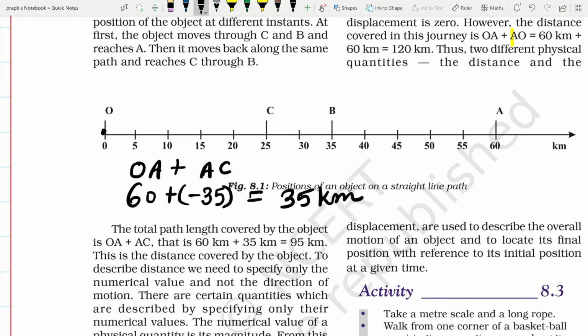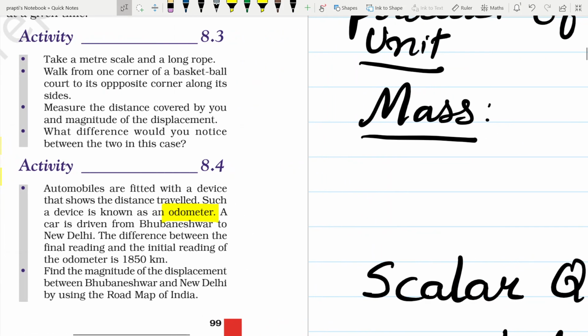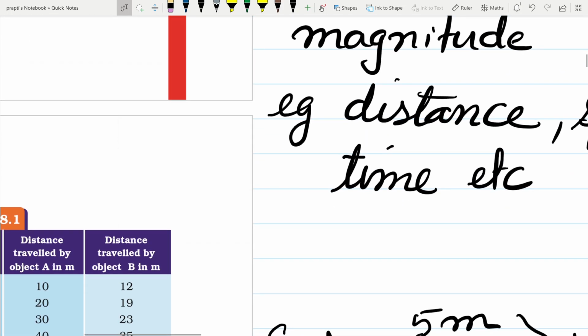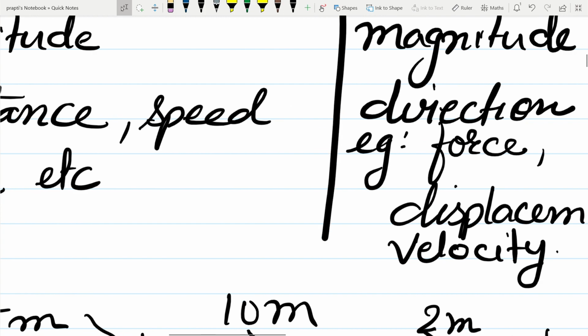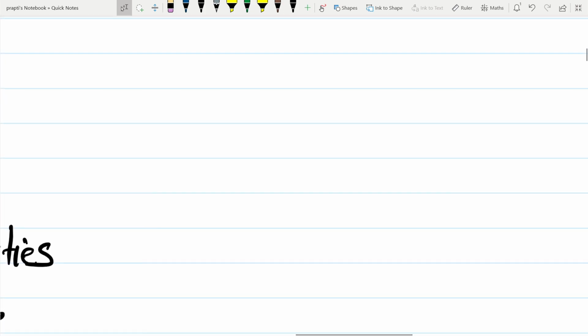Did you understand now what is the difference between distance and displacement? So you can easily differentiate between distance and displacement.